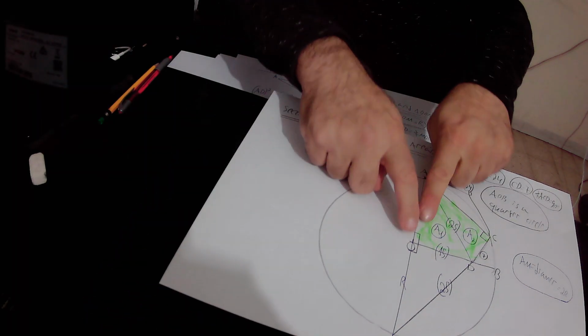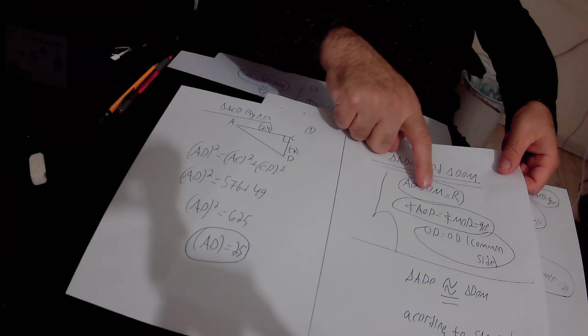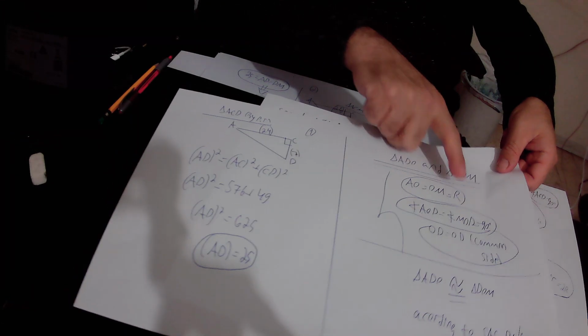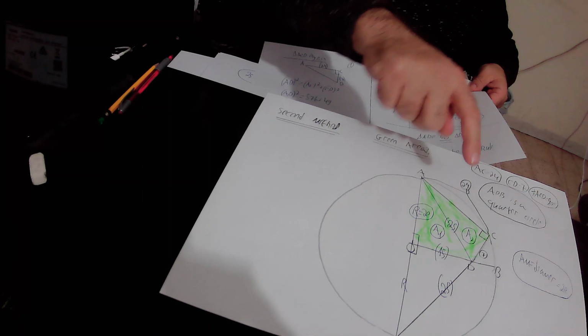In addition, those two angles are both equal to 90 degrees, therefore they are equal to each other. Angle AOD equals angle MOD equals 90 degrees. And finally, DO is a common side that belongs to both triangles, so DO equals itself.